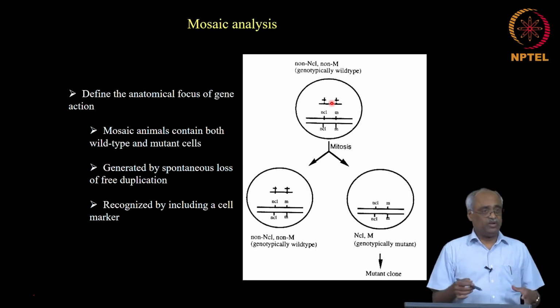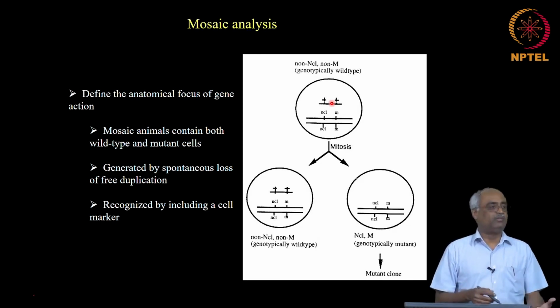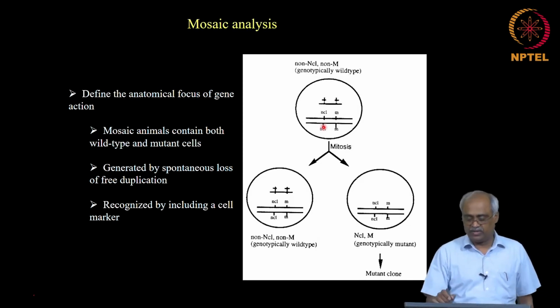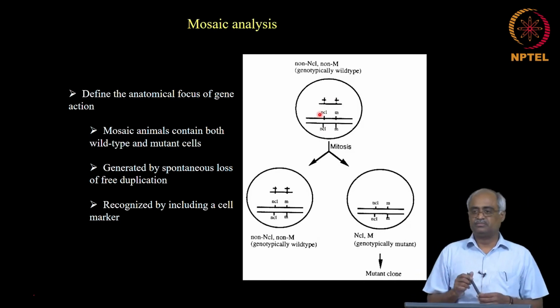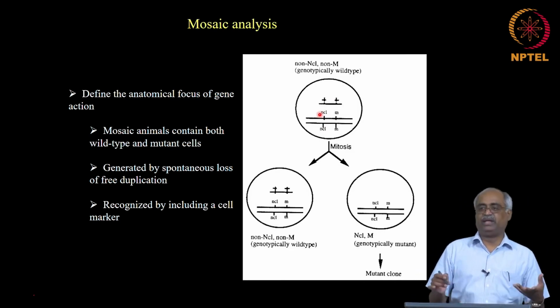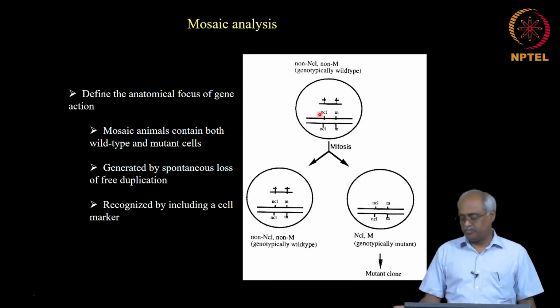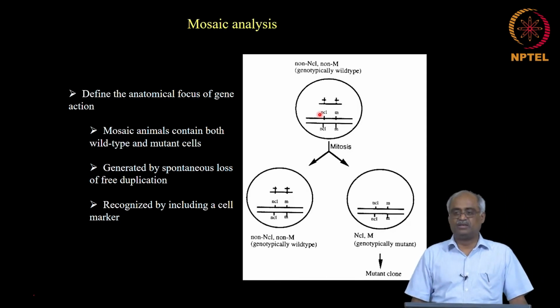Since it is going to be random, you do not know in which cell it is going to be lost, and that is why you need this marker mutation. So, this is one example where NCL is being used, but there are a variety of mechanisms to do this. Like for example, we learnt about Cre-Lox earlier when we learnt about enhancers. So, Cre activation can also be used temporarily or conditionally or tissue specific and so on.